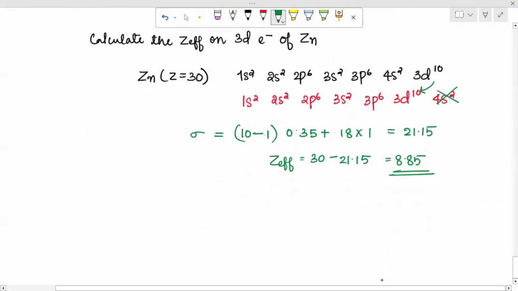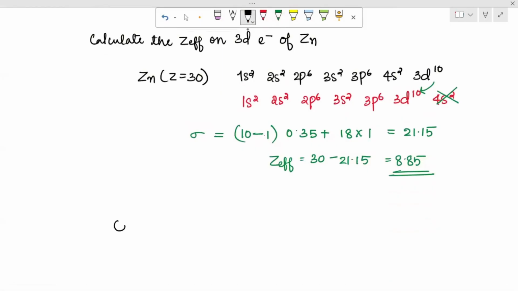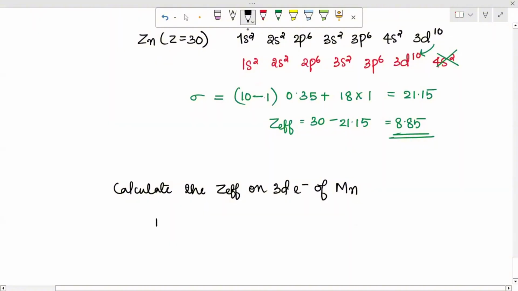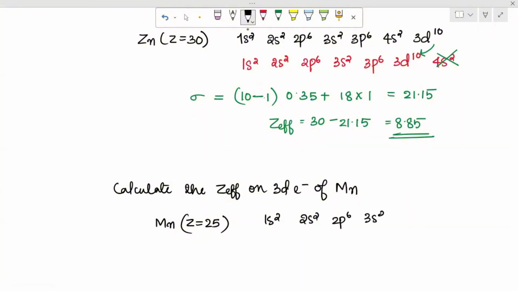Okay, one more question. Calculate the Z effective on 3D electron of manganese. Try it on your own, please. Manganese, when arranged in the increasing order of n, Z is 25. So 1s2, 2s2, 2p6, 3s2, 3p6, 4s2, 3d5.